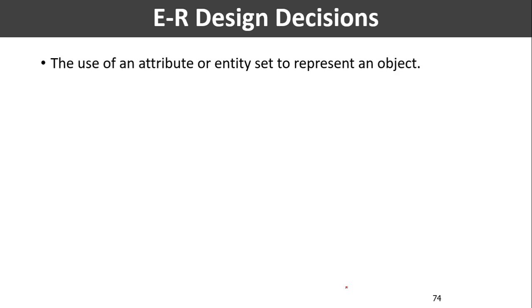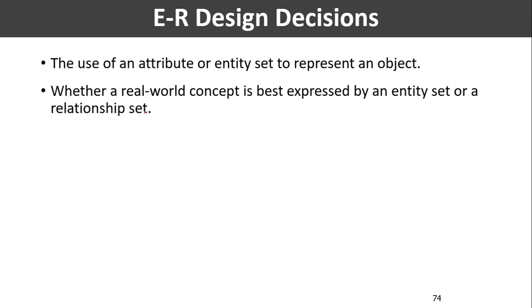The first design decision is the use of an attribute or entity set to represent an object. We need to decide whether a particular piece of information is better depicted as an attribute of the entity or as an entity set as a whole.